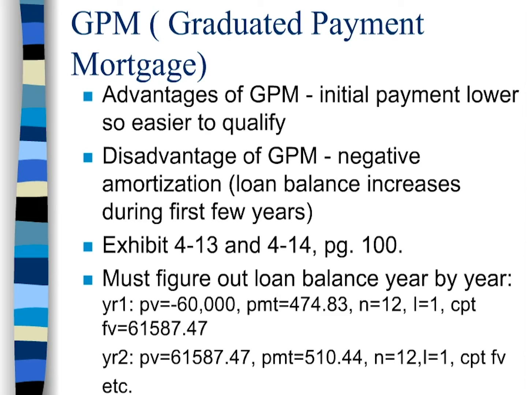The advantage of the graduated payment is that the initial payment is lower, so it's easier to qualify. The disadvantage is that there is negative amortization, which means the loan balance increases during the first few years. So the loan balance actually becomes higher than the original amount you borrowed. You see that in Exhibits 413 and 414 on page 100.